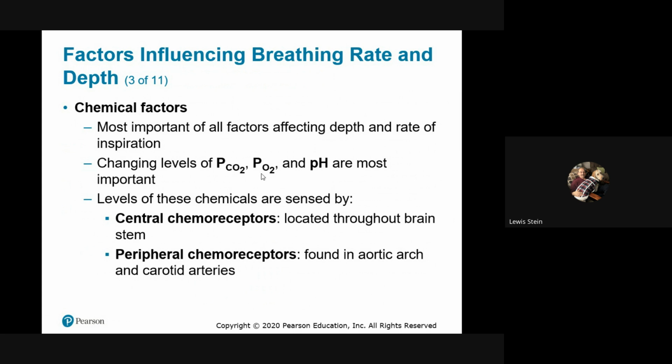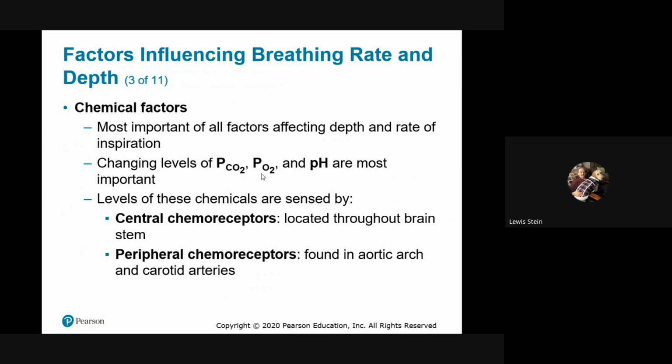The difference is why this is such an impactful thing on breathing. The major controls of breathing are here: cerebrospinal fluid. To get into the cerebrospinal fluid, the only thing that can get there is carbon dioxide. Protons, charged particles, don't cross that barrier. The other thing is, there's no carbonic anhydrase in the cerebrospinal fluid.